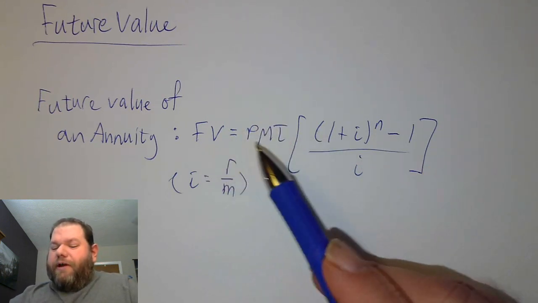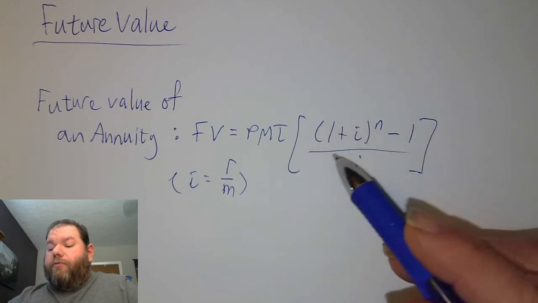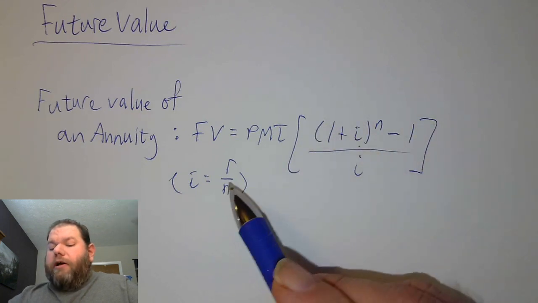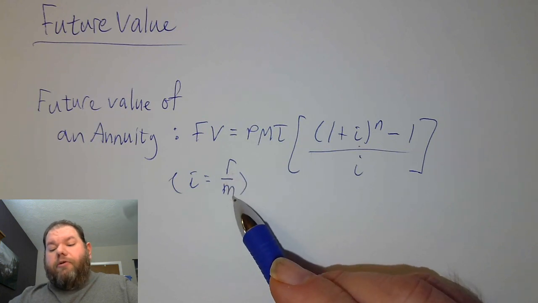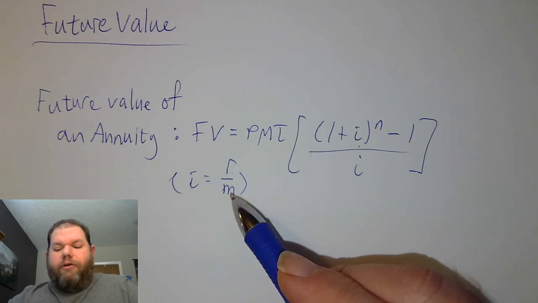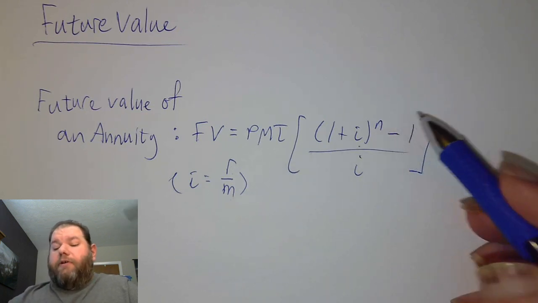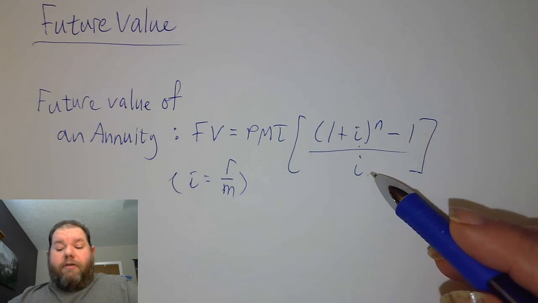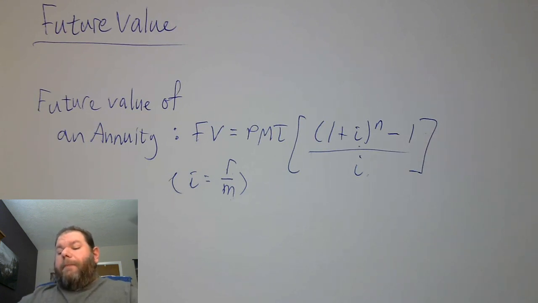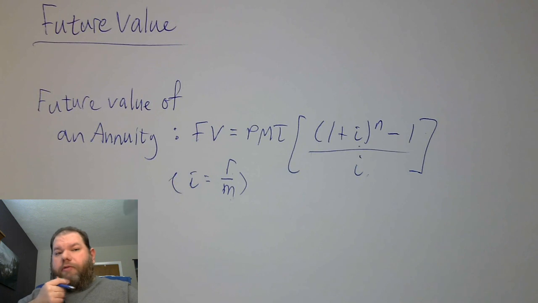Future value is equal to the payment times, in brackets, 1 plus I, where I is the interest rate divided by the number of compoundings per year, raised to the n, which is the total number of compoundings, minus 1, and then divided by that I value once again. Okay. For example, if you don't understand which formula to use, when to use the right formula.